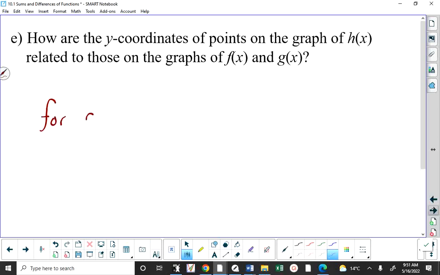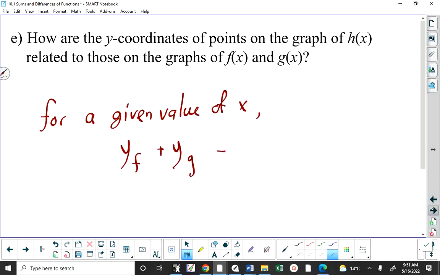For a given value of x, the y coordinate on f plus the y coordinate on g give you the y coordinate on h. Which is, I think, at least the fourth time we've said that. It's the y coordinates that are involved here.